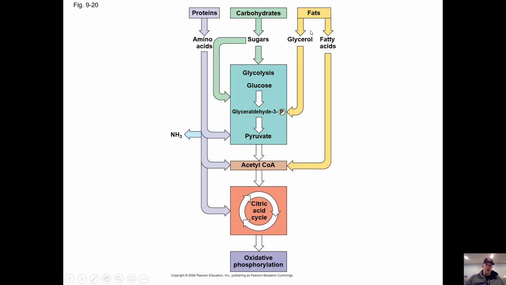Sometimes we have triglycerides, and the glycerol from triglycerides would enter into glycolysis, but the fatty acids enter in that intermediate step between glycolysis and the citric acid cycle. Some sugars might enter midway through glycolysis. Amino acids might get utilized towards the end of glycolysis, or at that intermediate step, or input themselves in the citric acid cycle.